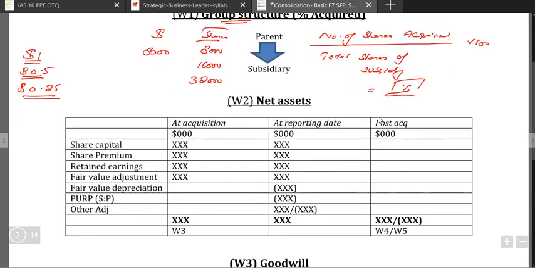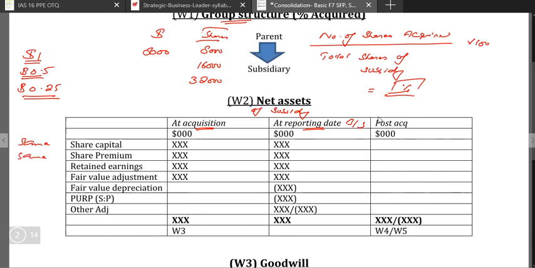Then you have net assets of the subsidiary, at acquisition, which is the acquisition date, and at reporting date, which is the balance sheet date. Share capital and share premium will remain the same.